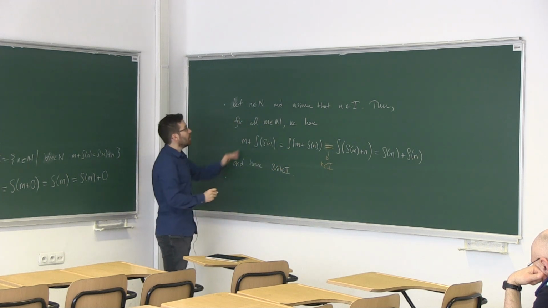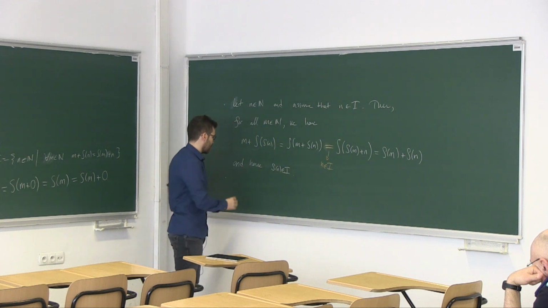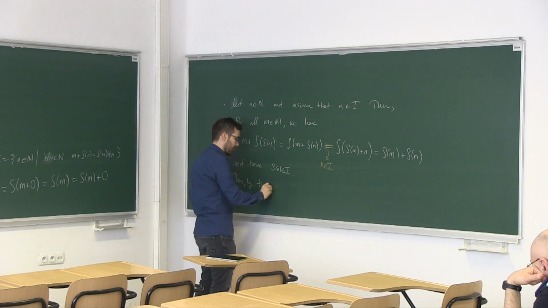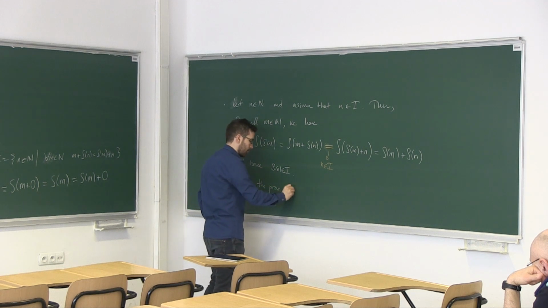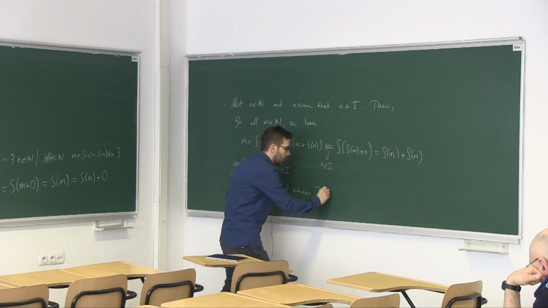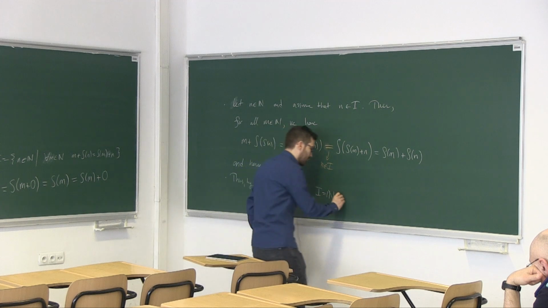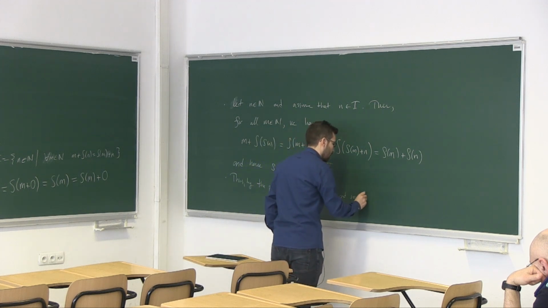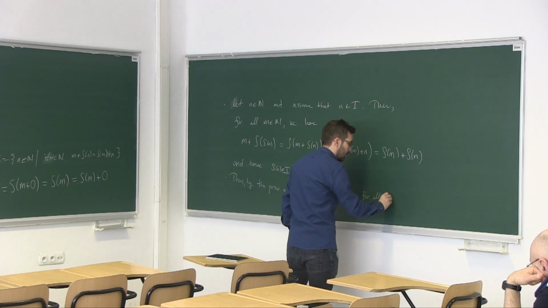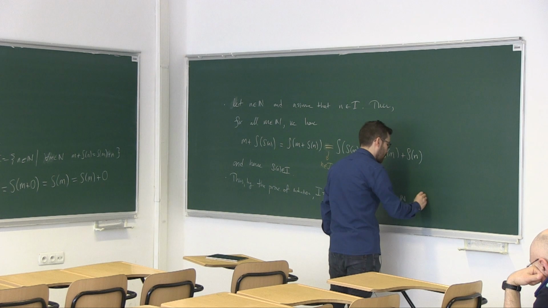So, when I contains some natural number n, it contains a successor. Thus, by the principle of induction, I equals the whole thing. It's the set of natural numbers. And so, for all n and m, this identity holds, okay?